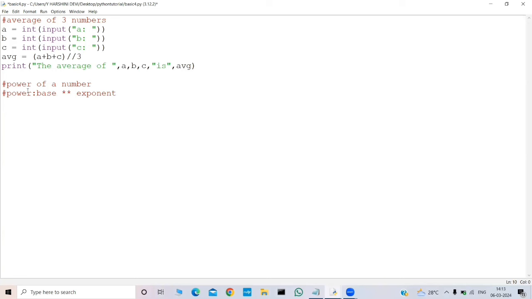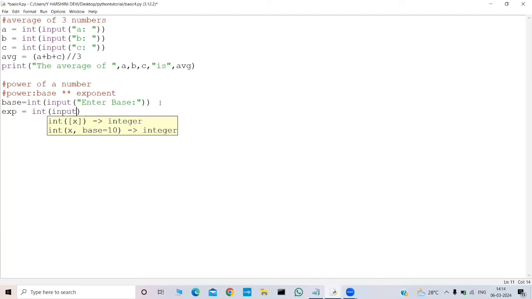So we need two inputs: base equal to int of input of "enter base", then exponent equal to int of input of "enter exponent".